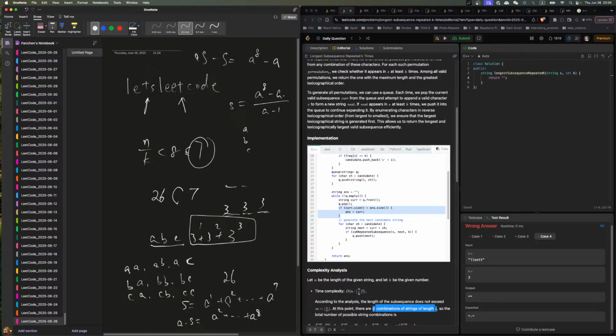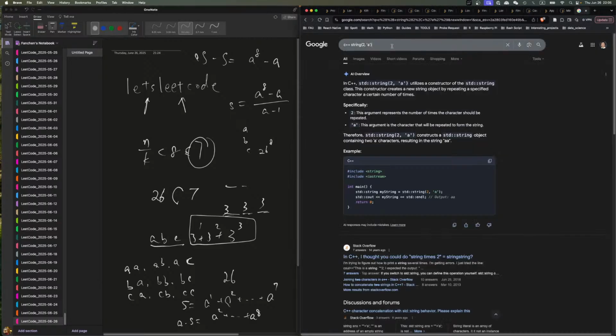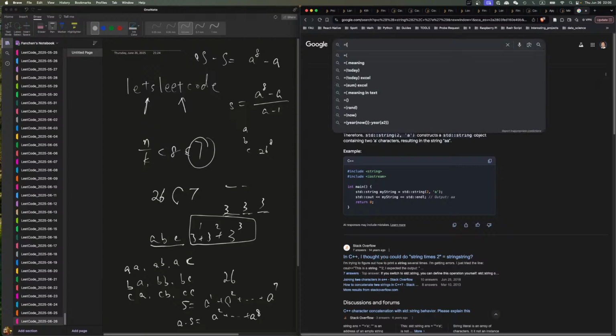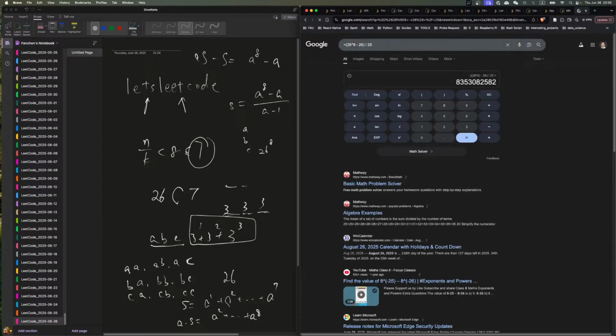Right? So that's the answer. Now the largest a will be 26, so it's 26 to the 8th power minus 26 divided by 25. This is the maximum you can get.